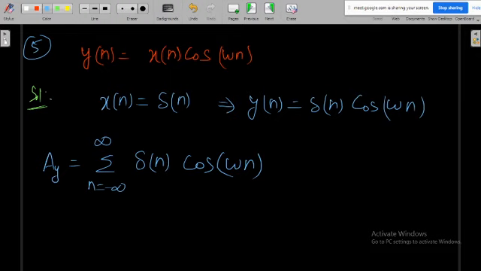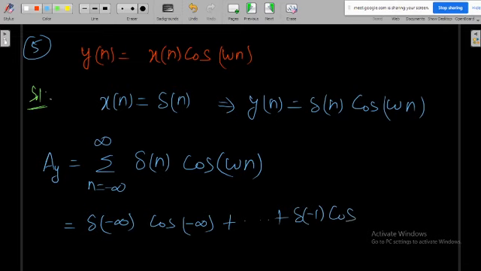Okay, say again directly there are some formulas. First we'll apply the values; later we'll see how that formula works out. So when you apply n equal to minus infinity, delta of minus infinity cos of minus infinity, again delta of minus 1 cos of minus omega.